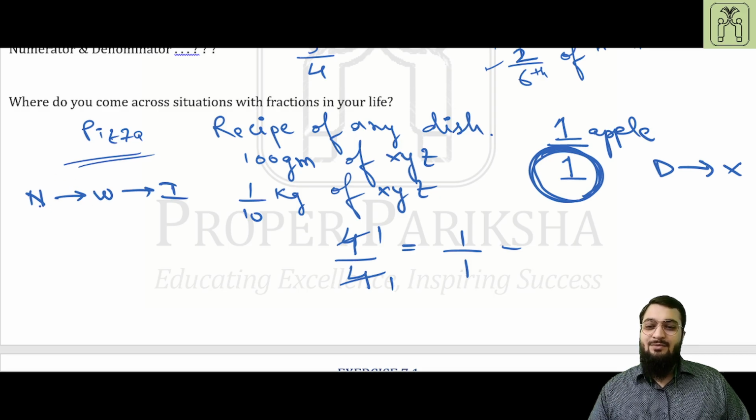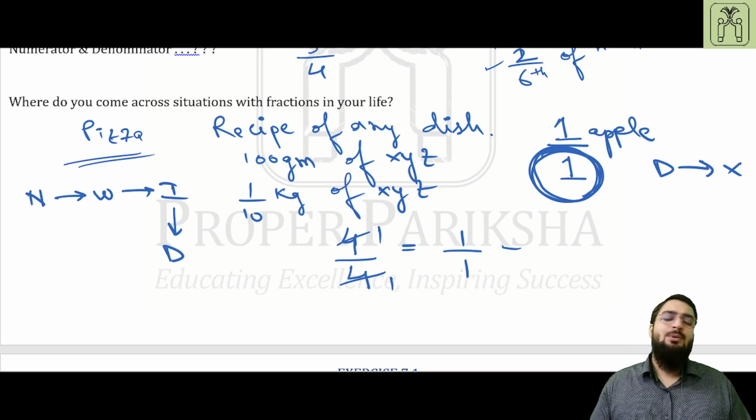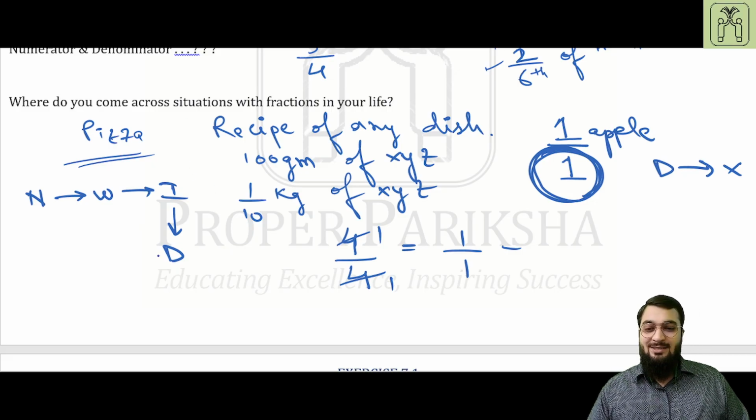That is, every natural number is a whole number, every whole number is an integer, and then we learnt about decimals. Every integer is a decimal, or maybe we'll learn that later on. And similarly, a decimal is interchangeable with a fraction.